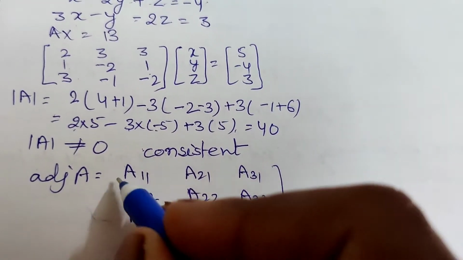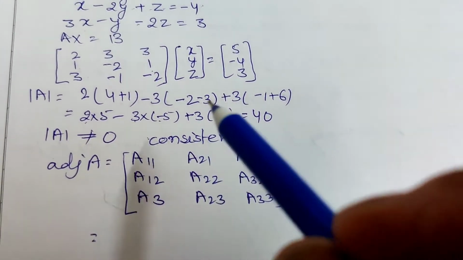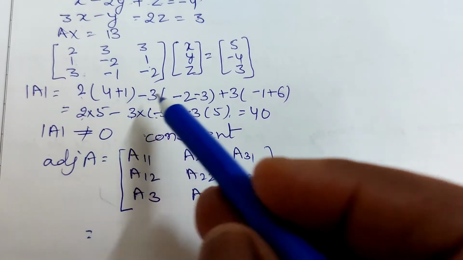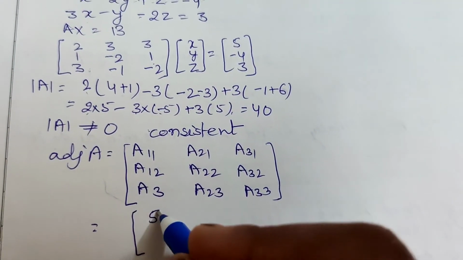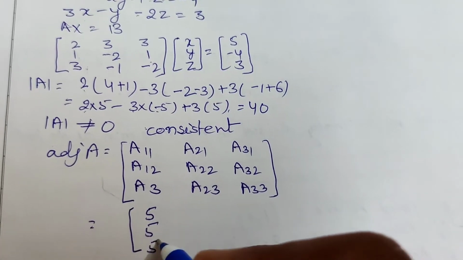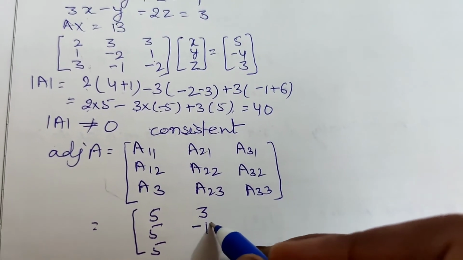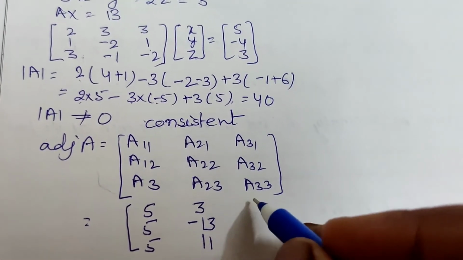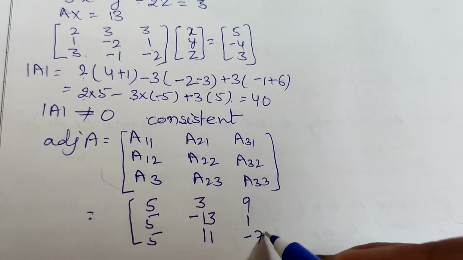This is the adjoint of A. So now solve and write A11 like this, eliminate first row, first column and so on. It is 5, 5, 5. Now it is 3, minus 13, 11 and 9, 1, minus 7.